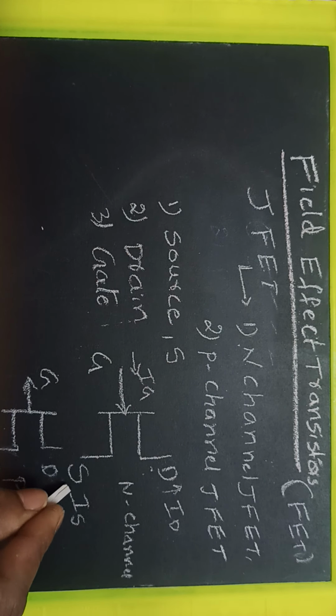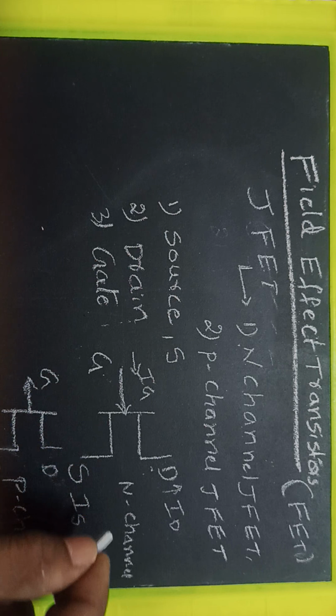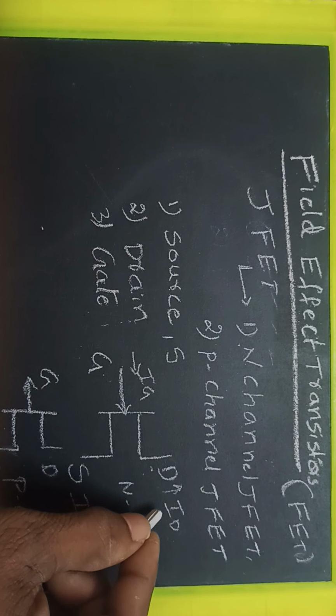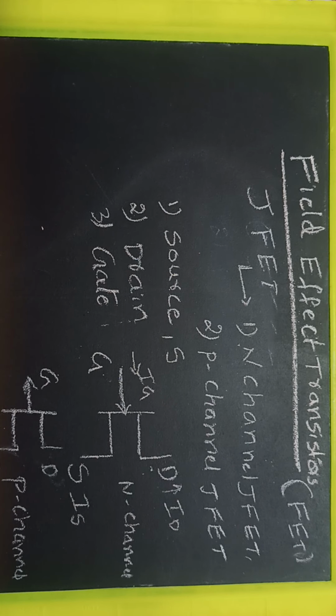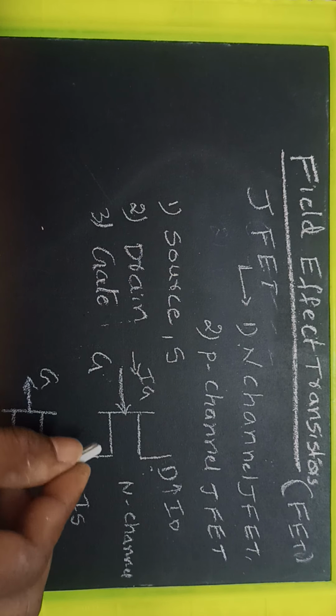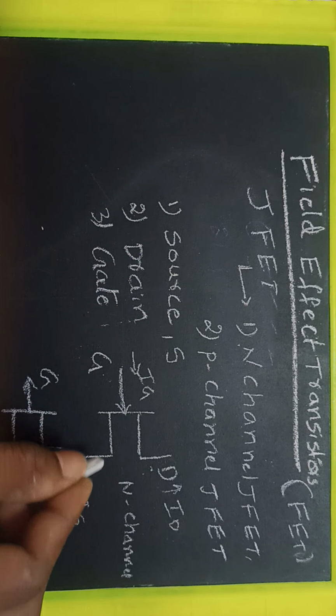So the gate current is IG, the drain current is ID, and the source current is IS. This is the schematic diagram for the N channel JFET, also sometimes called FET.